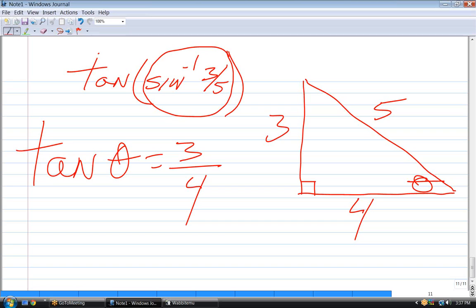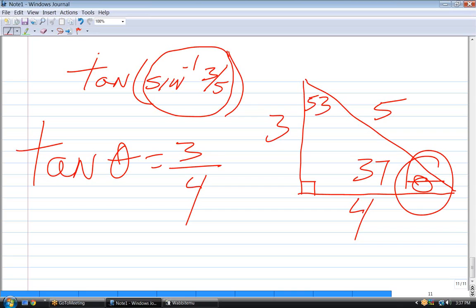So this is the way to do it where you don't actually have to know what the inverse sine of 3/5 is. Most people never know what that angle is. It happens to be 37 degrees and change. Is it 37? Yeah, it's 37, and this is 53.